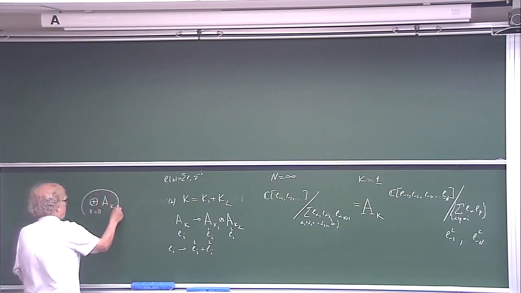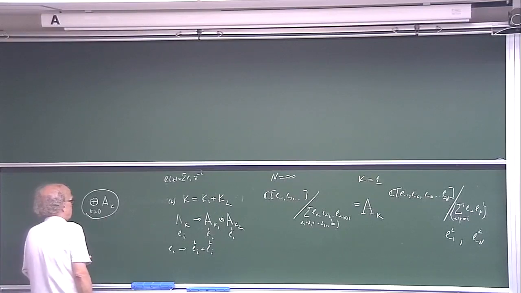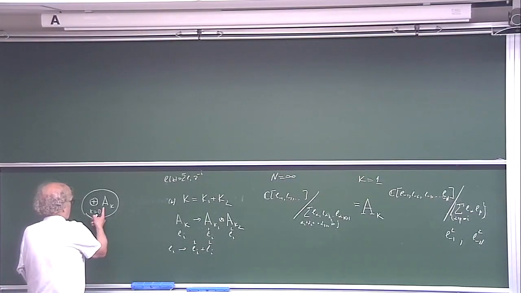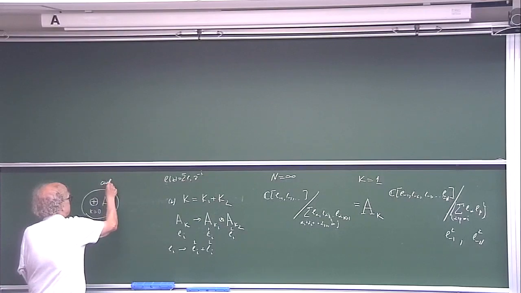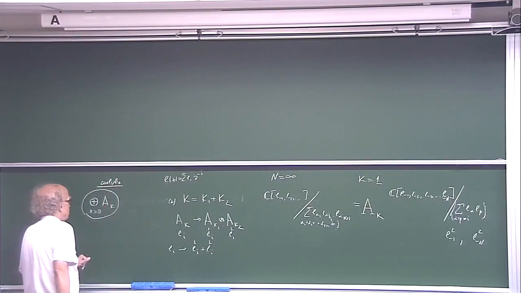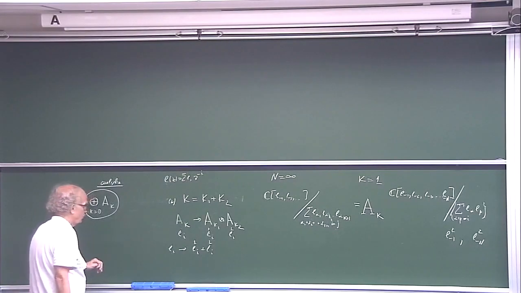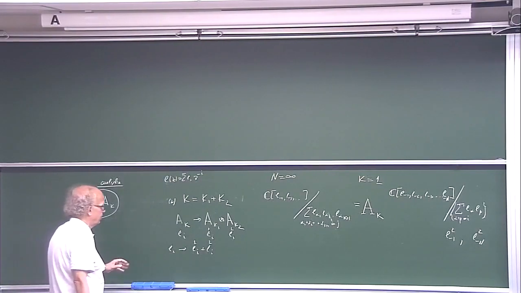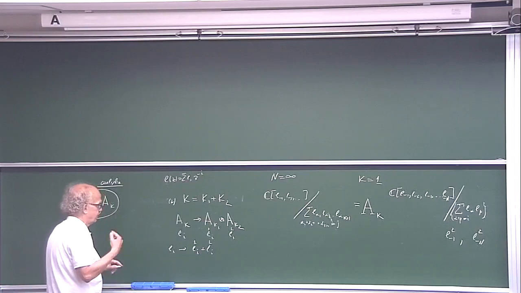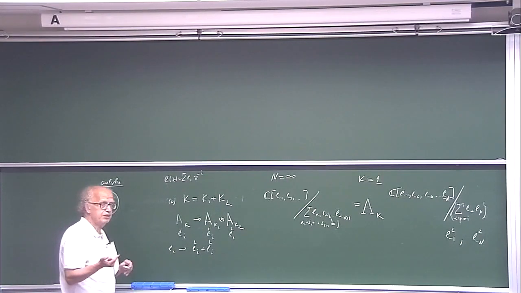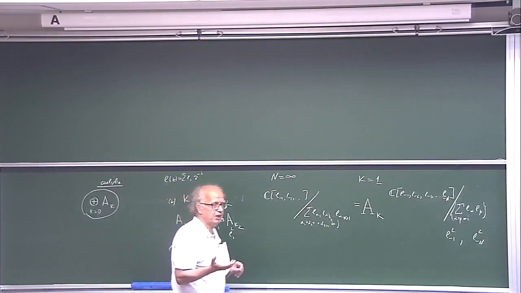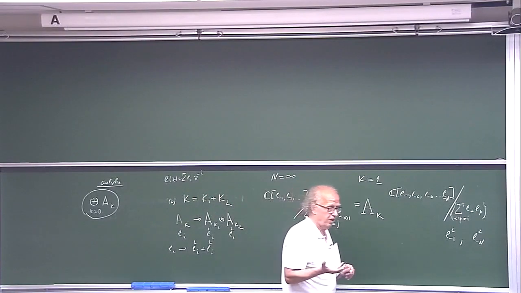So this guy is a co-algebra. Now, we have grading, and so we can go to graded dual spaces. And by this way, we get some commutative algebra.